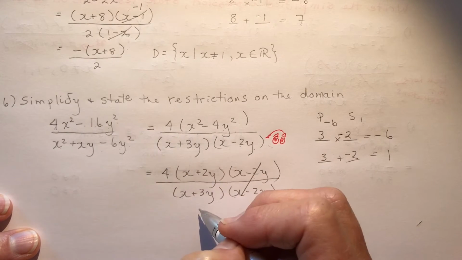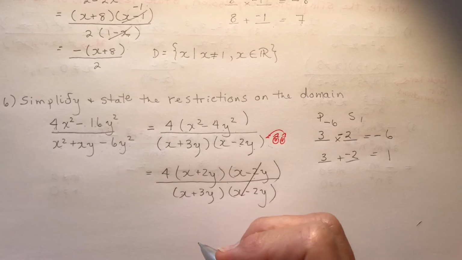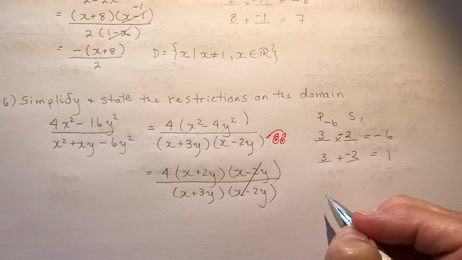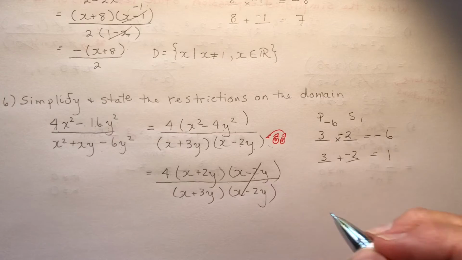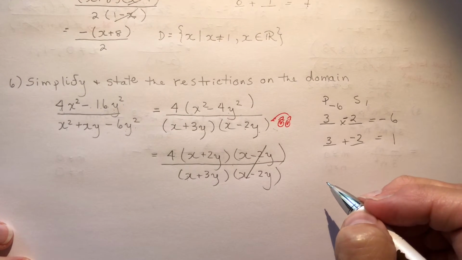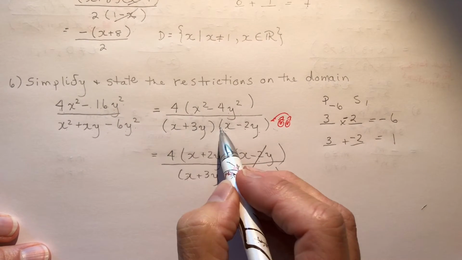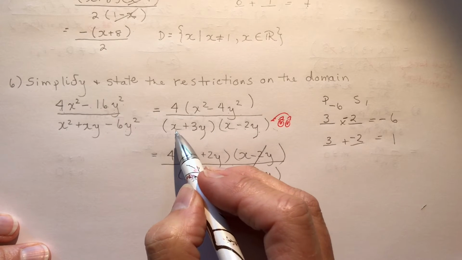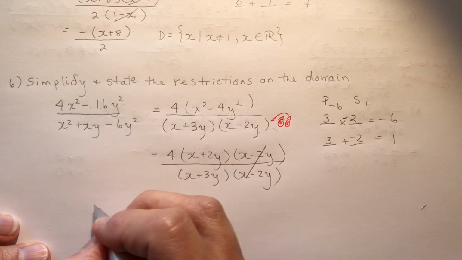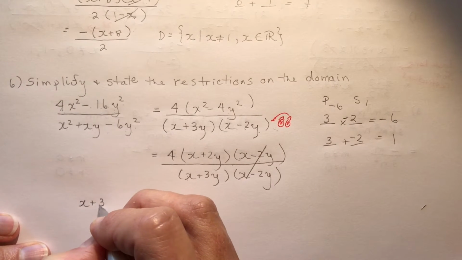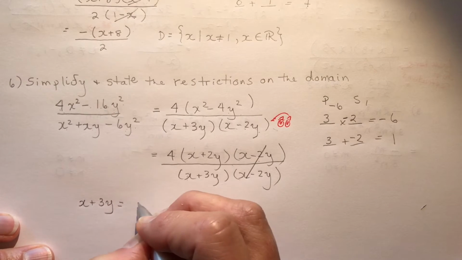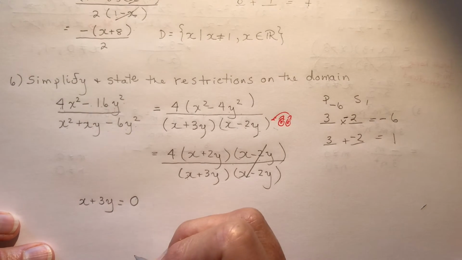Okay, this is it. So I'm not going to write that out again. That would just be a waste of time. I've already stated it here, but I need to know what my restrictions are. So this is a little tricky because it's not like x is equal to negative 3 here. I have x plus 3y, and this is the way you can do it the long way, right? x plus 3y is equal to 0.